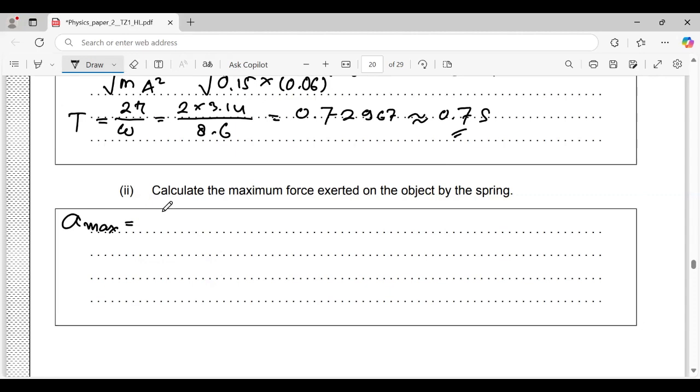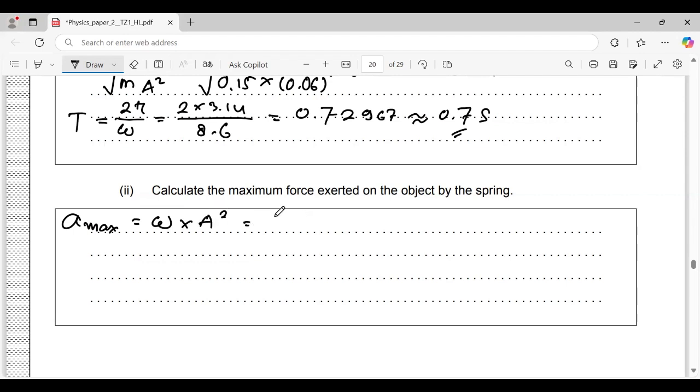The formula is omega squared times displacement.